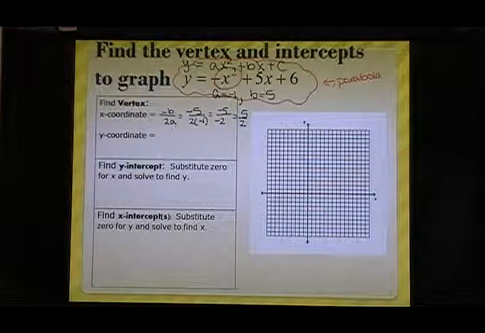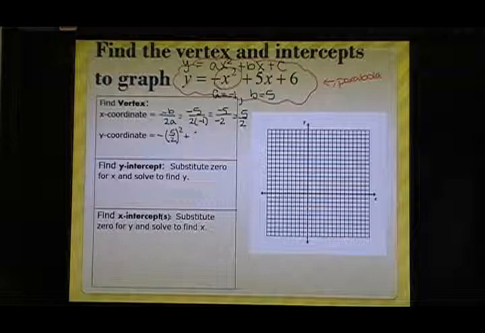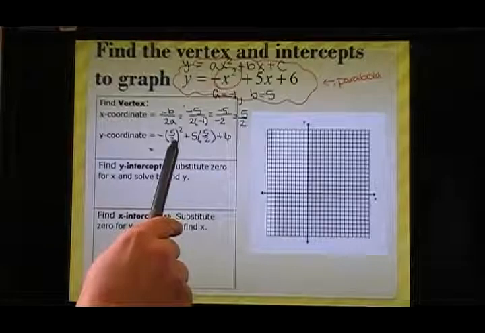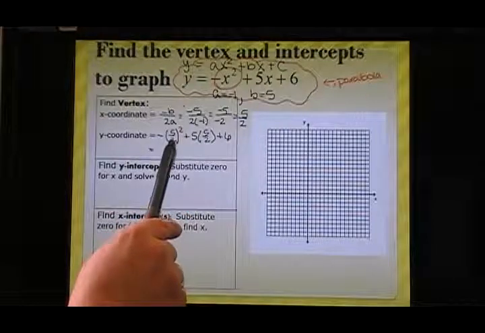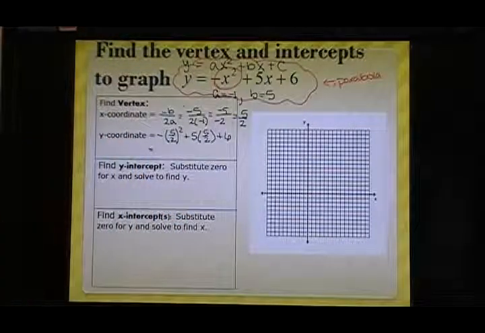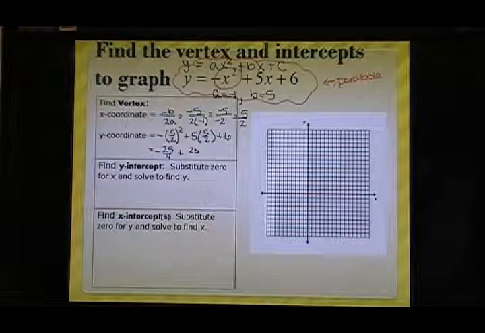So our y-coordinate is the opposite of 5 halves squared plus 5 times 5 halves plus 6. So we have to square the 5 halves, then take the opposite. 5 halves times 5 halves is 25 fourths. So this is negative 25 fourths plus 5 times 5 halves, that's 25 halves, plus 6.